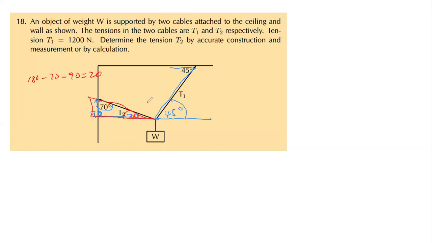All right. Now, once we have this, we can draw our triangle of forces. How do I start? I draw a small Cartesian plane. Then I measure 45 degrees here.